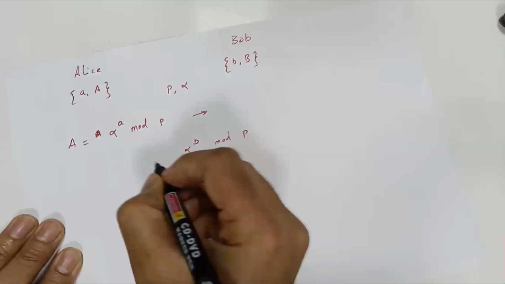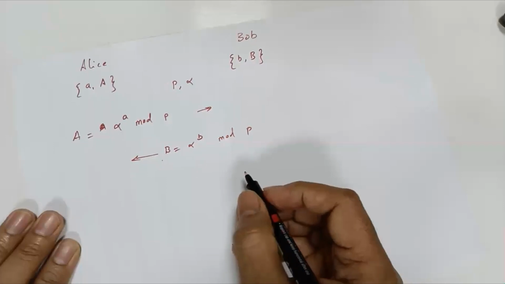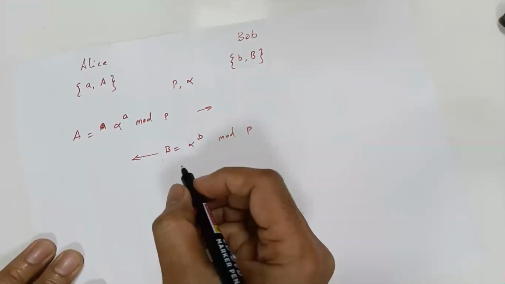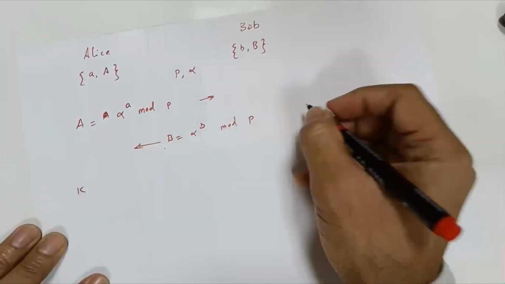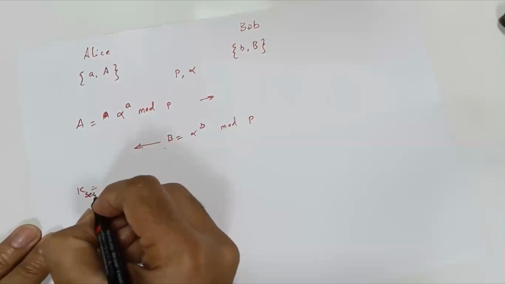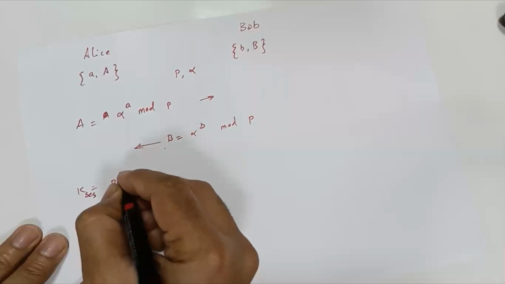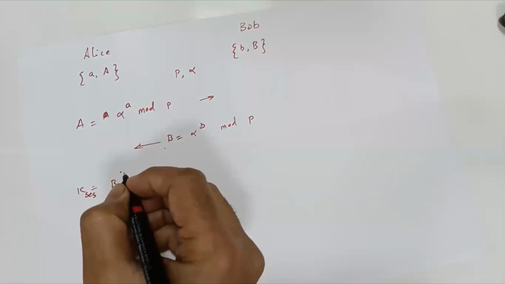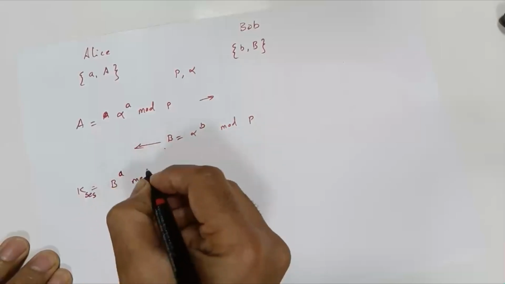So this is the public key that you calculate, and then when you receive the other public key, you calculate the session key by raising it to your own private key. Can someone please help me if I am correct?